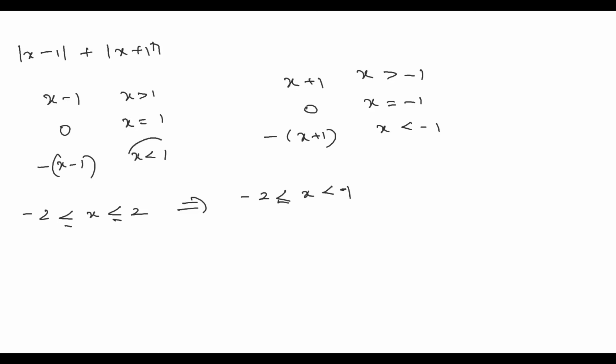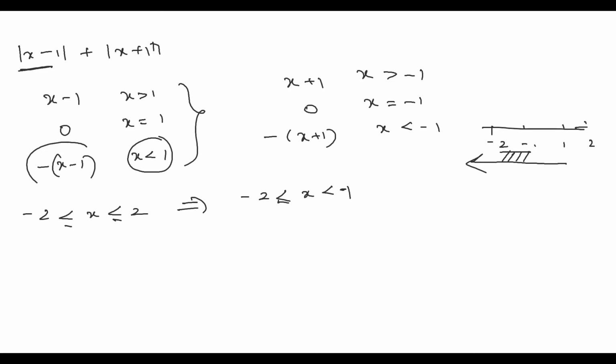Now if x is less than 1, can I say x is less than -1 also? Number line, see, all that you have to do is draw a number line. -2, -1, 1 and 2. So if it is less than 1, it is this, right? Similarly, whatever is common in the area -2 to -1, I will take it. So that is why when it comes to x minus 1, among 3, which one should I choose?